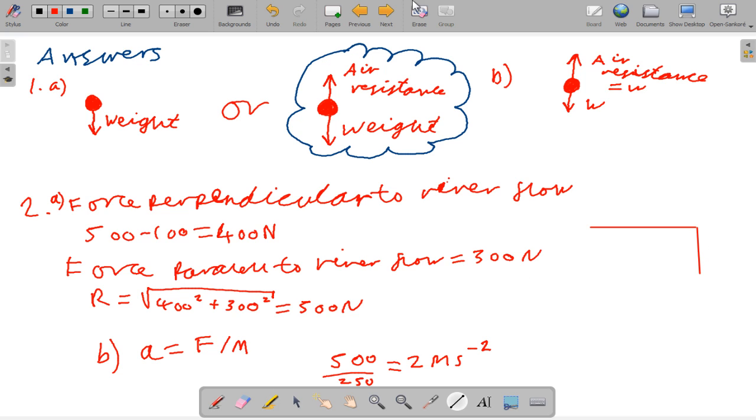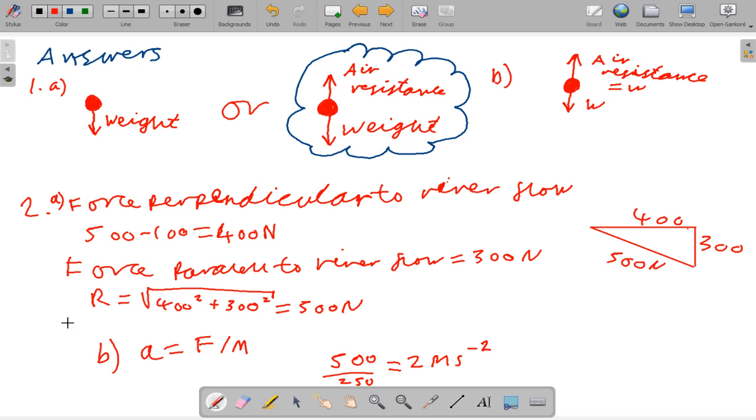So the shorter sides are 300 and 400, and so the hypotenuse is 500 newtons once you do your Pythagoras of taking the squares of these 2 sides and then square rooting it. Just put it neatly in that square root sign there, which should equal 500 newtons.